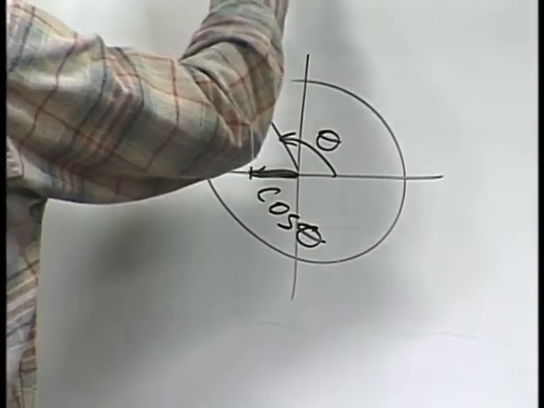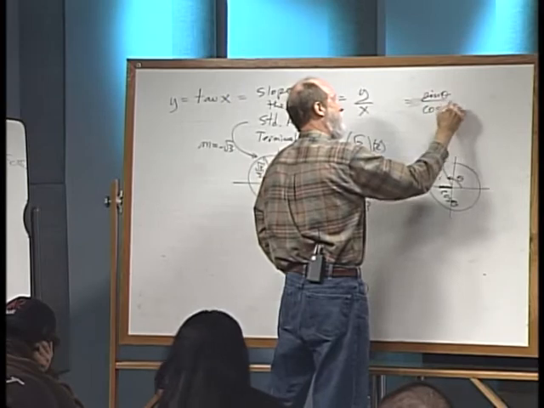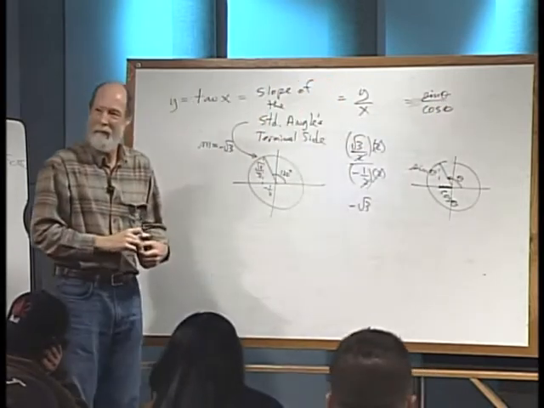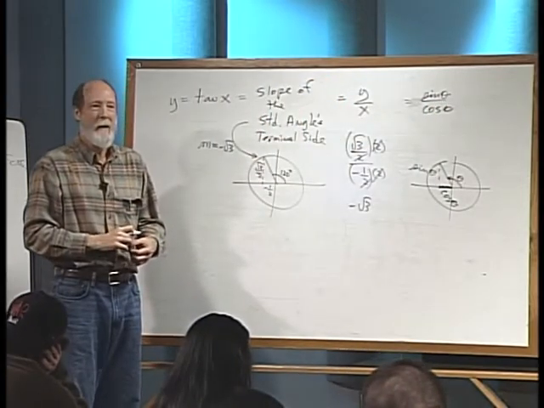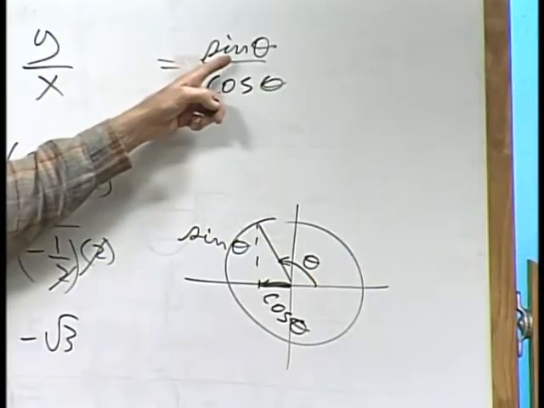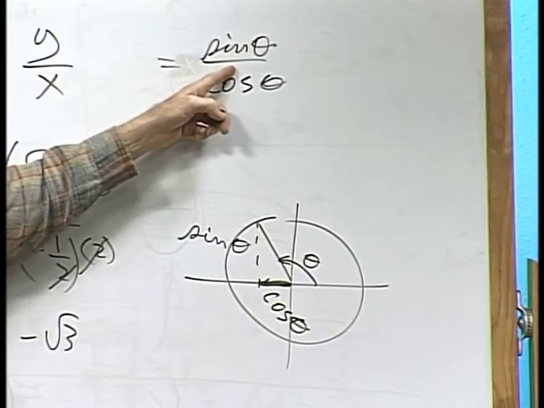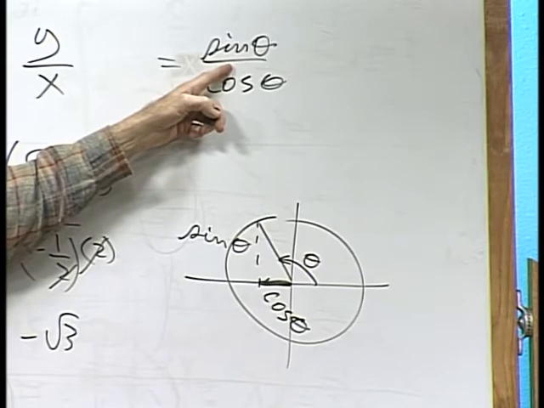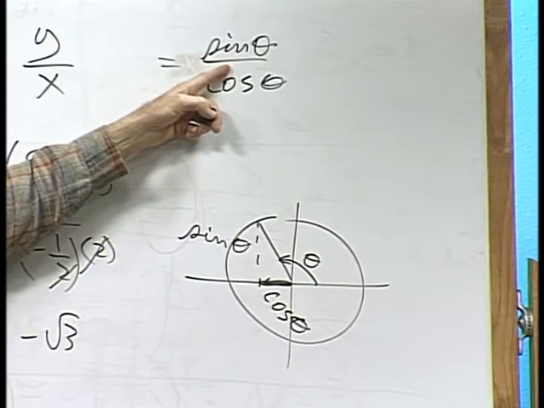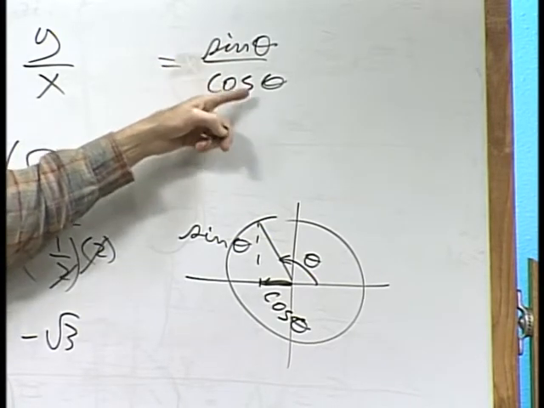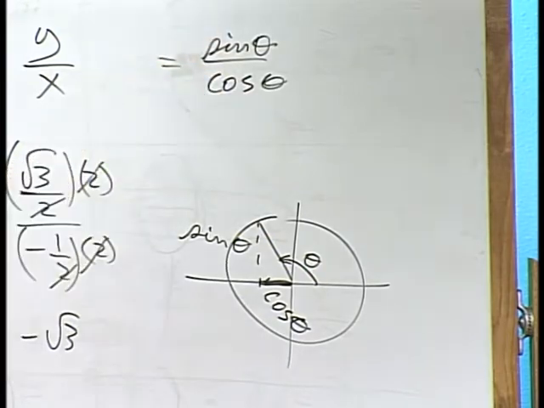Sine of the angle divided by the cosine of the angle. That is the approach I want us to use to develop the graph of the tangent function. Think of it as the sine divided by the cosine of the angles.